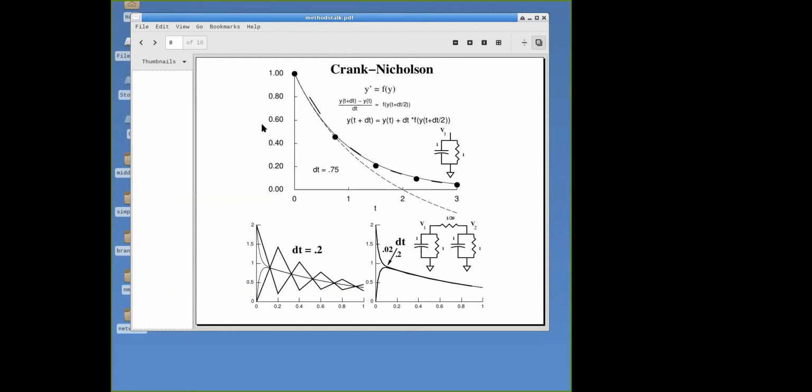And you can select Crank-Nicolson with NEURON, but you have to be careful because it doesn't work if you have a system that is too stiff. And what's too stiff? A system is too stiff if the time constants in the system vary by far too much. And what makes time constants go down to very small values? Voltage clamp. If you have a model that involves a voltage clamp, it's not going to be amenable to Crank-Nicolson.